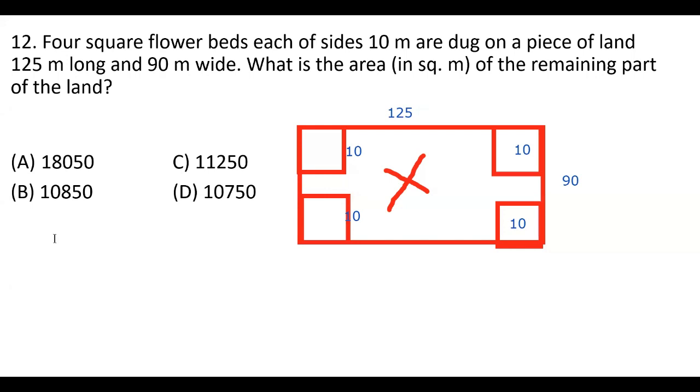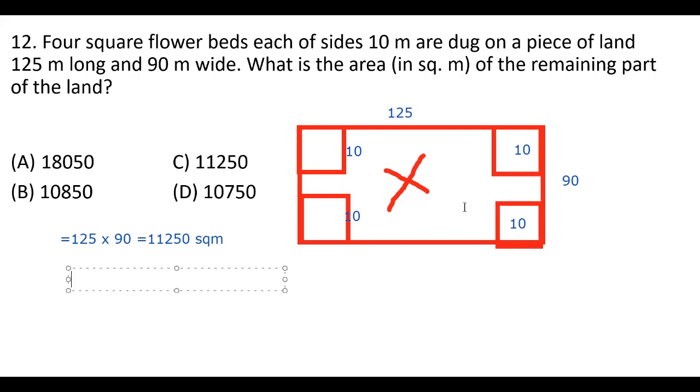First, we take out the area of the land, which is 125 times 90. That is 11,250 square meter. And we know that the flower bed is of size 10 meter. So the area of one flower bed is 10 times 10, 100. So we have 4 flower beds, that is going to be 400.